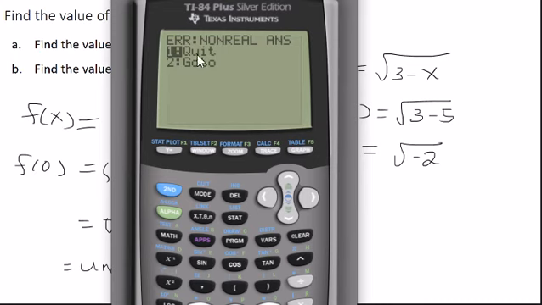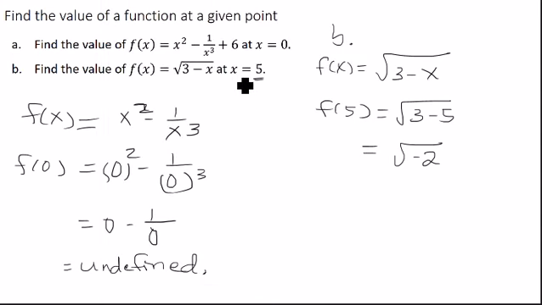And see, this is expected. It says error, and then it says no real answers. So that means this is not a real number. This is actually a complex number. So let's do second and mode to quit that error. So the answer is not a real number.